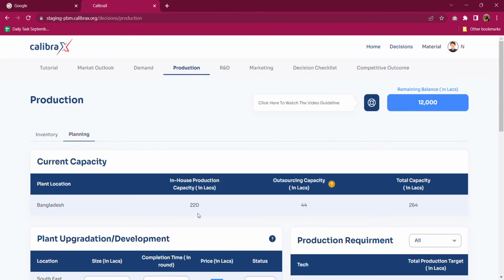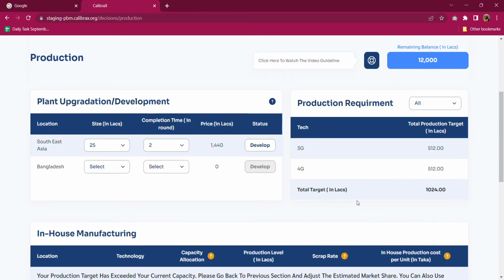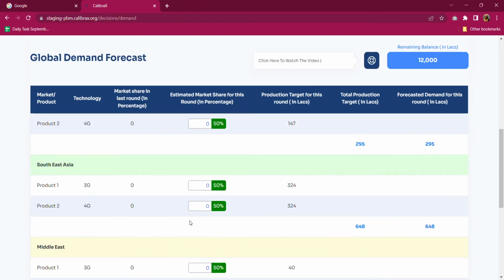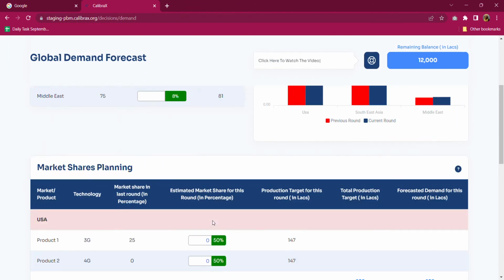In-house production capacity is 220 and outsourcing capacity is 44. So the total capacity is 264. We cannot produce more than 264 in total, so we have to redo our demand percentage and come back again.